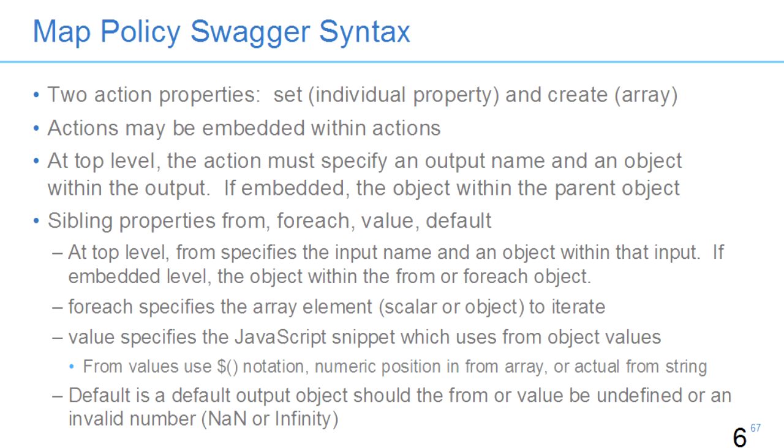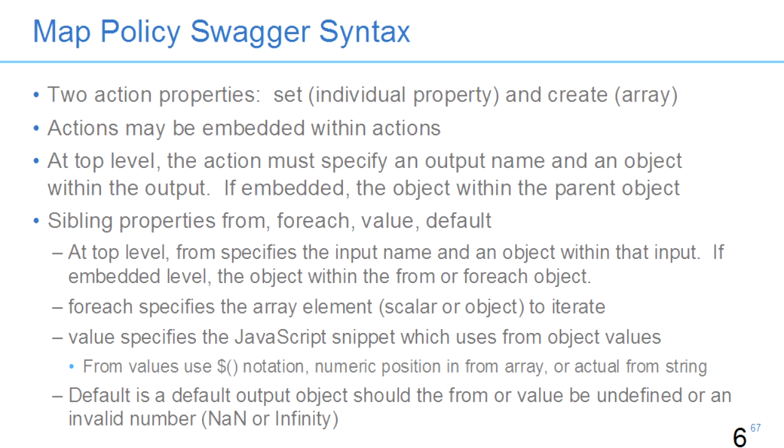So I might have something like output dot address label dot first name. If we're doing embedded actions, where we're going to be stepping through that, the actual object that you're going to be setting now does not have that actual output name. That's kind of implicit. It's going to only be the object within the parent object that we're actually mapping in this case.